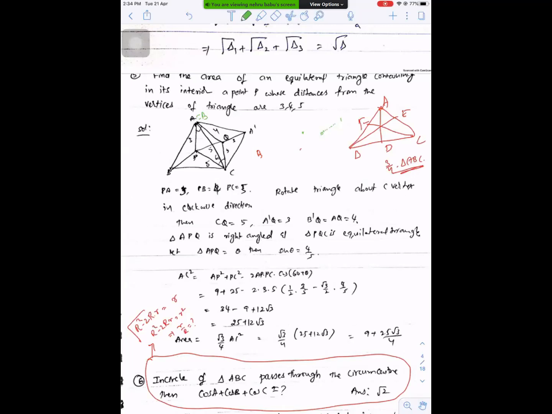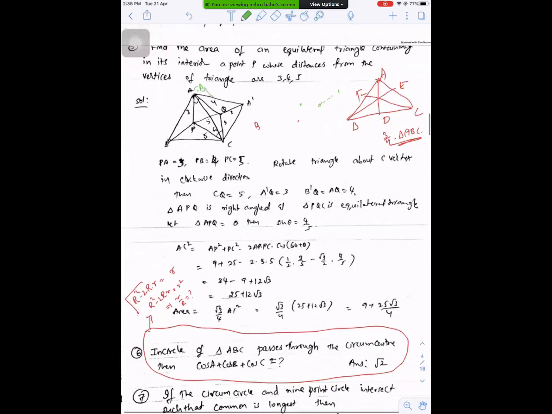P's new position is Q. Then CQ is coming as 5. AQ length is indirectly BP, so this length is coming as 4, and A dash Q is coming as 3. And in this rotation you will get a 60 degrees angle here.